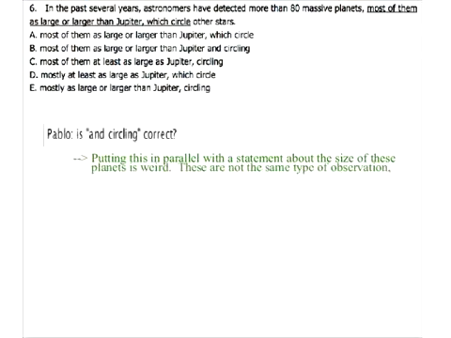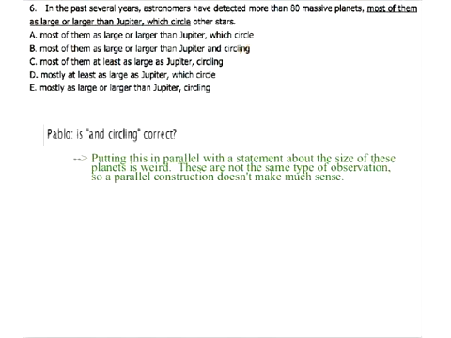So a parallel construction doesn't make a ton of sense. It makes more sense to use a modifier, which is not a parallel construction, because these are two very different and independent observations. So: most of them as large, and circling other stars.